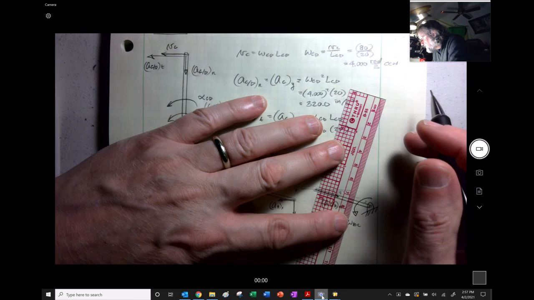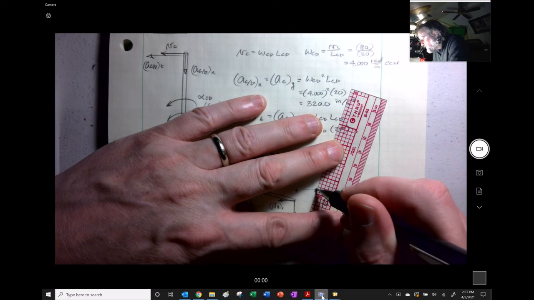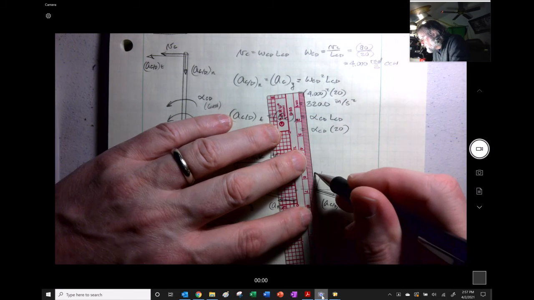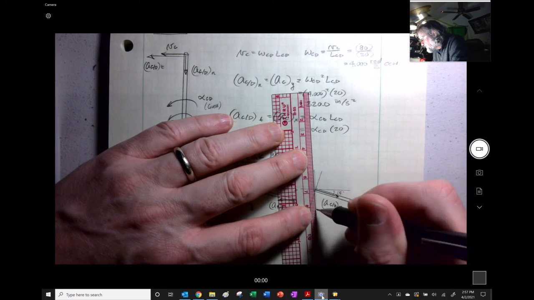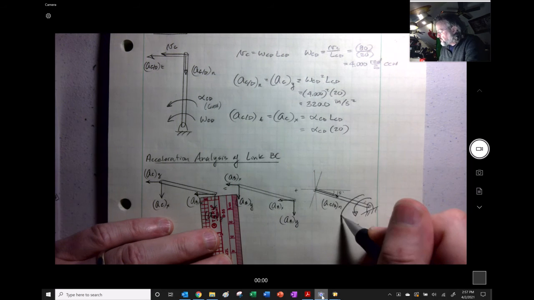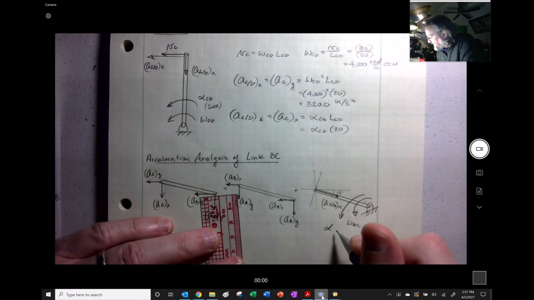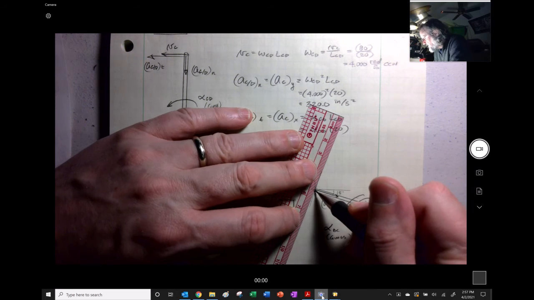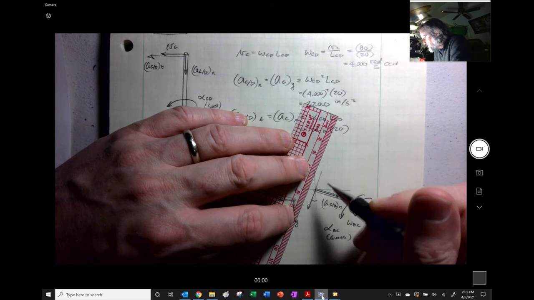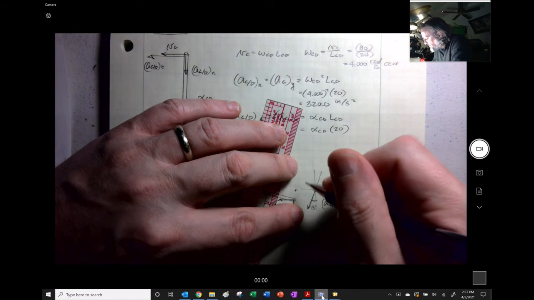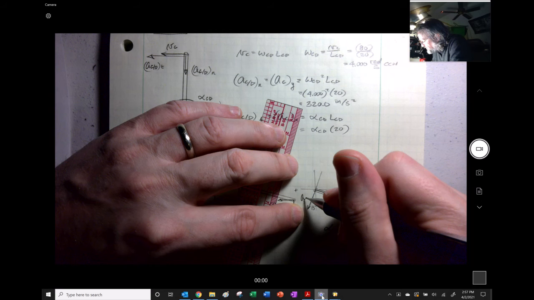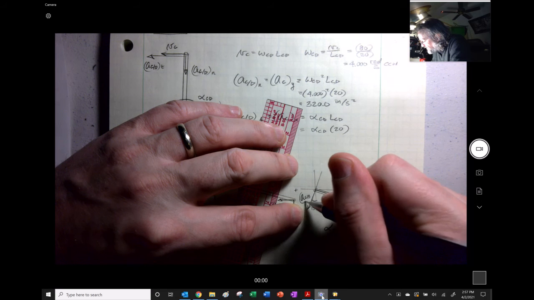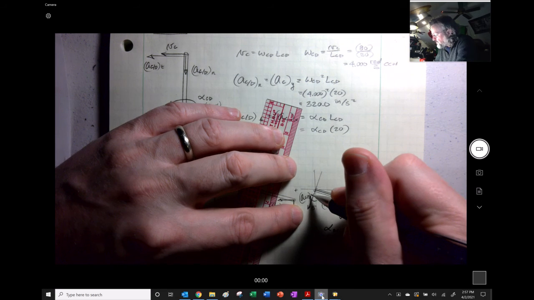And let's try to get this one right. Let's assume, once again, we're doing that guessing thing. That's coming down that way, so that means that arrow looks like this. Here's your 15 degrees. And here's our acceleration of C with respect to B in the tangential direction.